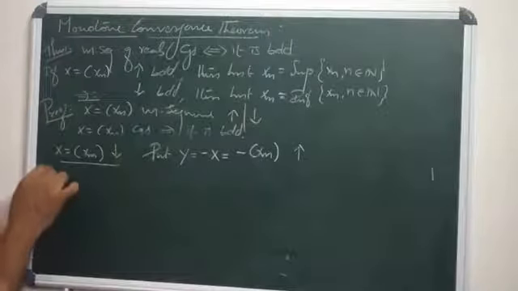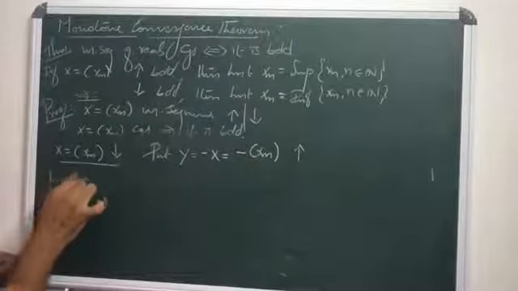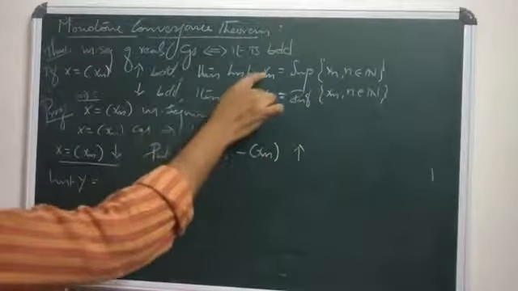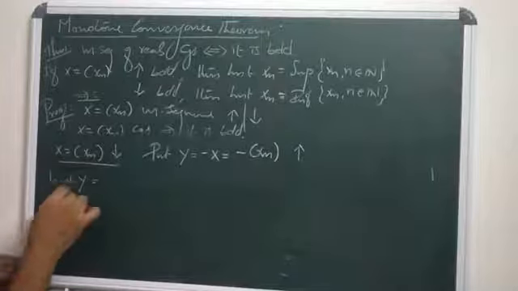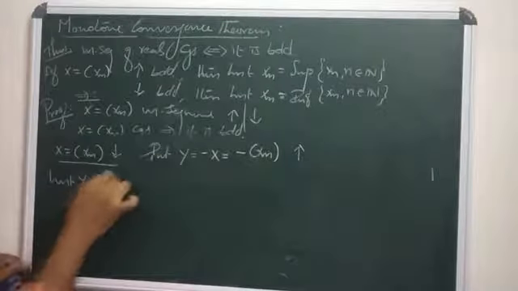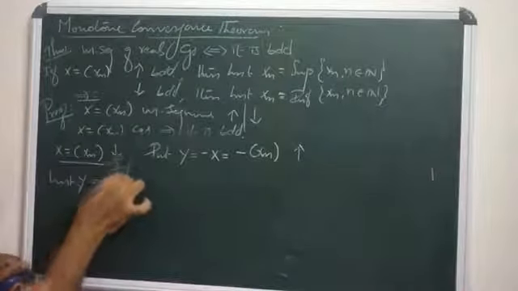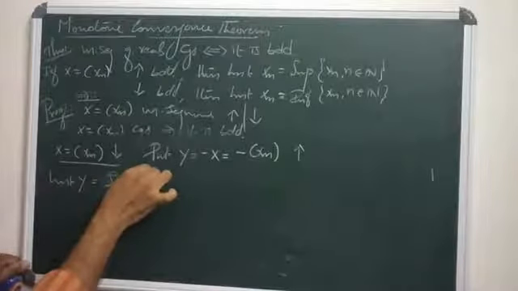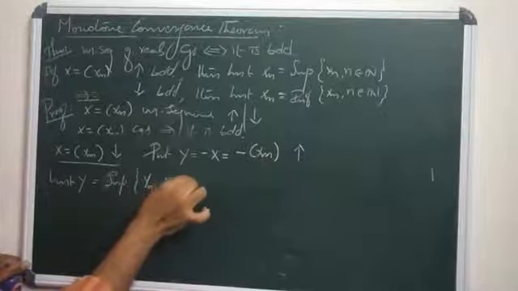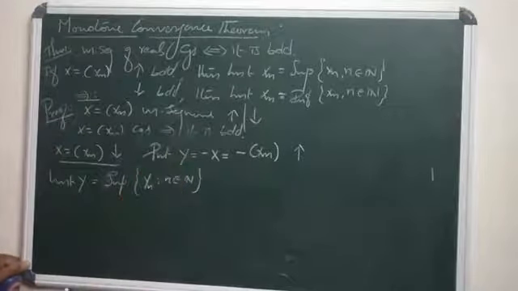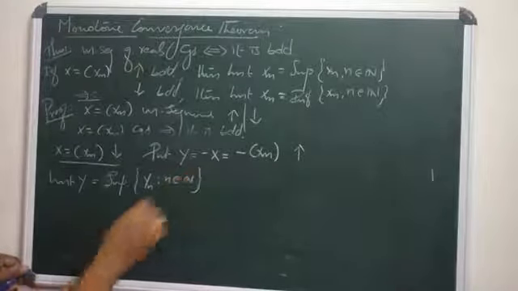Since y is an increasing sequence, what is the limit of y? When xn is an increasing sequence, then limit xn is the supremum of xn. So when y is an increasing sequence, then limit of y equals the supremum of the sequence yn, where n belongs to N. But yn is minus xn.